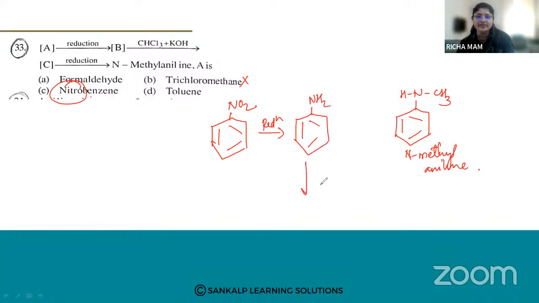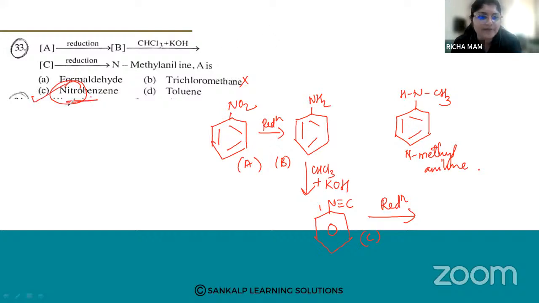This NH2, if I treat it with CHCl3 plus KOH, I'll obtain isocyanide, that is N triple bond C. Now this is C, this is A, this is B. Now this isocyanide, I'm going to do reduction to give N-methyl-aniline. Across the nitrogen hydrogen is added, and across the carbon hydrogen is added. So yes, we can do option number C.